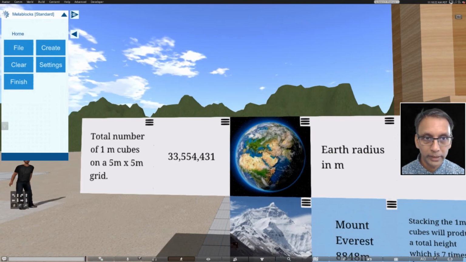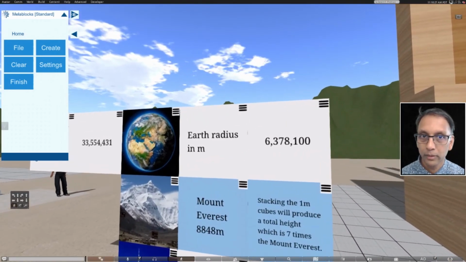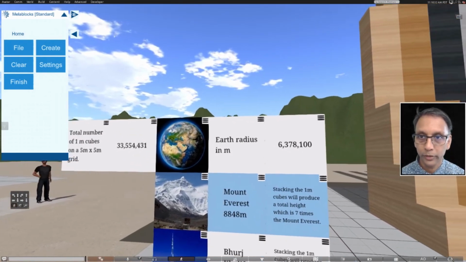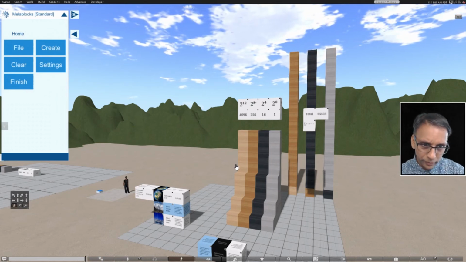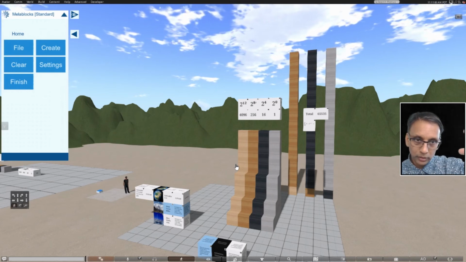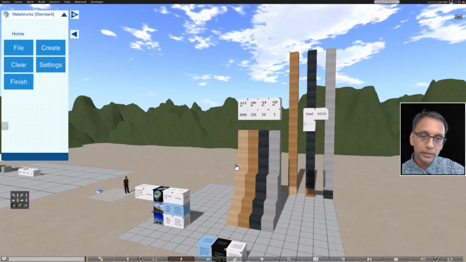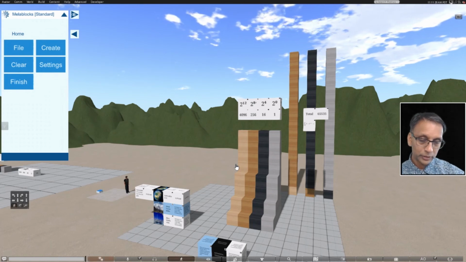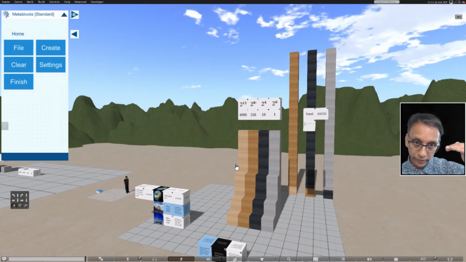And what is the Earth's radius? It's only 6,378,100 meters. But in this case, even if we increase the dimension of the problem just by a little bit, the result is mind-blowingly big. When we ask people to make an estimation, the estimation is always an underestimate of what the actual value would be.